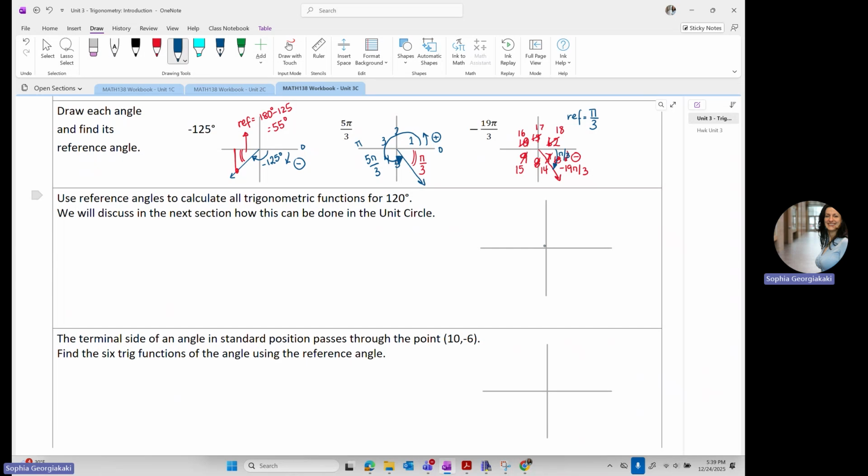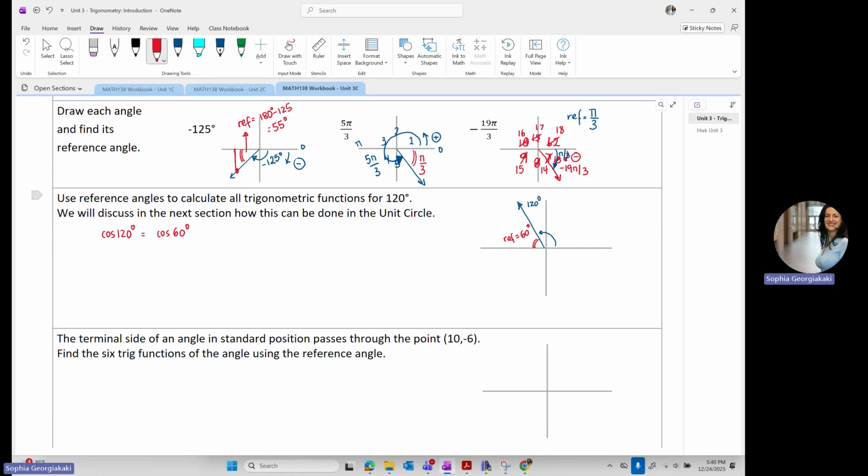So 120 degrees is here, starting in standard position. The reference angle is 60 degrees, which is right there. So I'm expecting the cosine of 120 degrees to be the same as the cosine of 60 degrees.